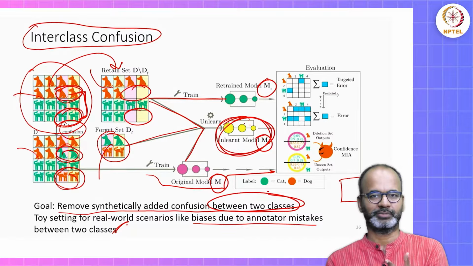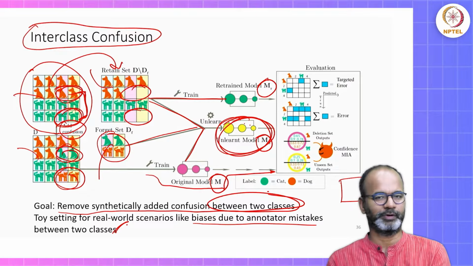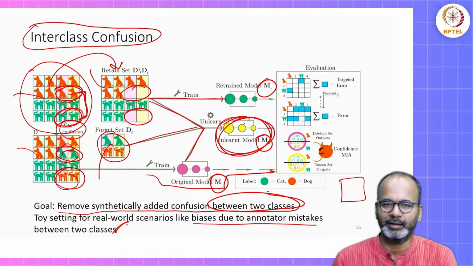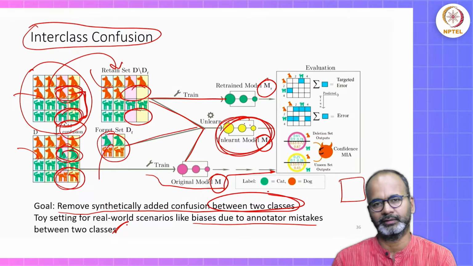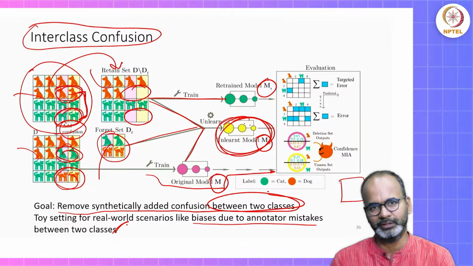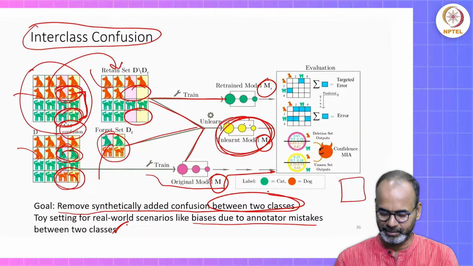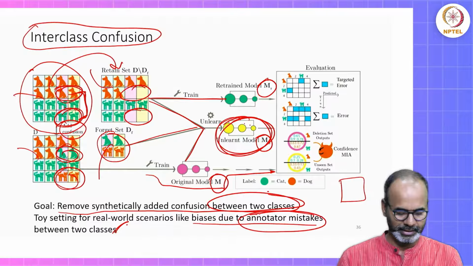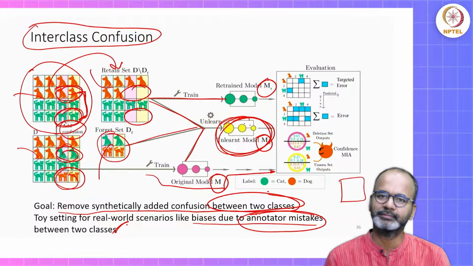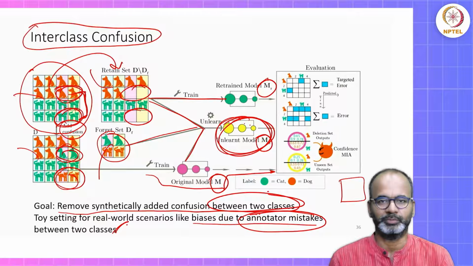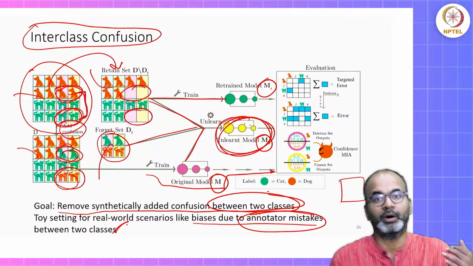Two-class classification problem, right? So the mistakes could be from the annotators. They are missing out on classifying the fake articles to be real or real articles to be fake, right? So annotator mistakes between two classes. That could be one of the things that we want to unlearn, right?